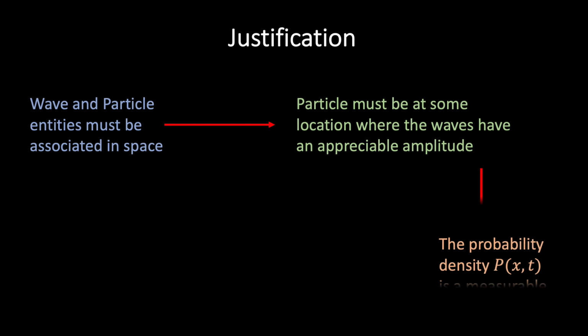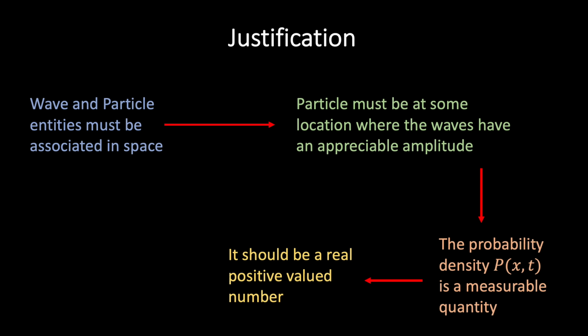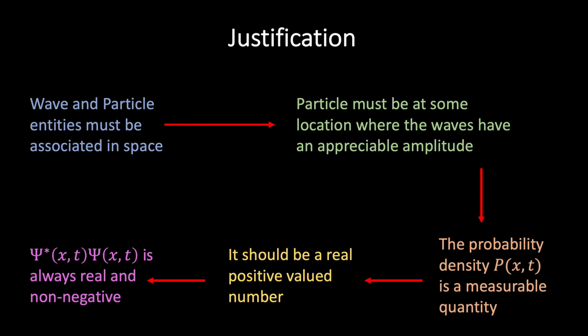Furthermore, since the probability density is a measurable quantity, it should be a real positive valued number, whereas the wave function is in general complex. And therefore it's obviously not possible to equate the probability simply with the wave function itself. However, since the modulus squared of the wave function is always real and non-negative, Born had reason to believe that it referred to a measurable quantity.